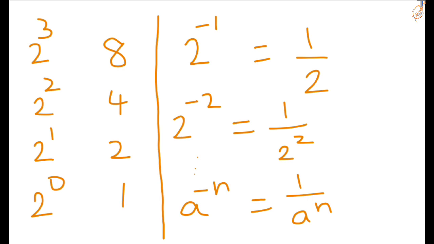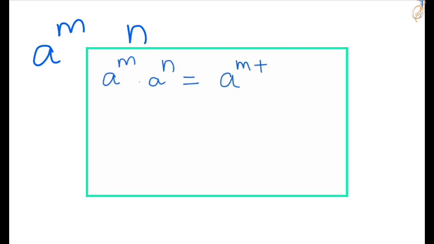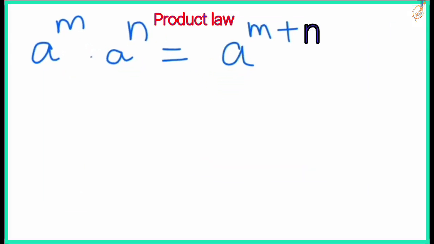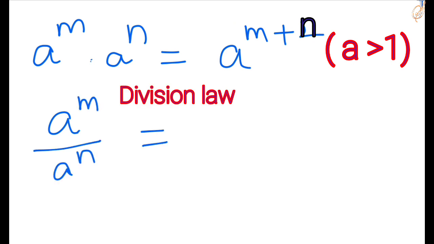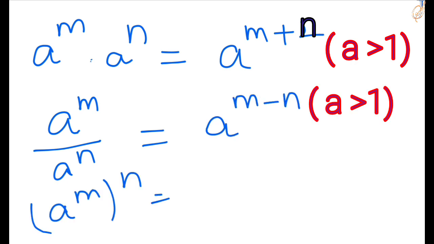We will see that. A power m times a power n. When multiplying powers with the same base, we can add the powers. And another one is when dividing powers with the same base, we can subtract the powers. When there is a power outside the bracket, multiply the powers.